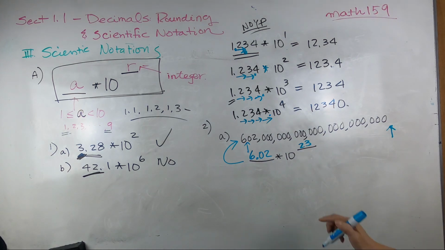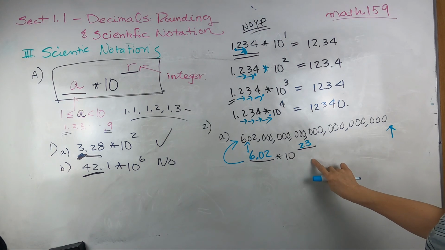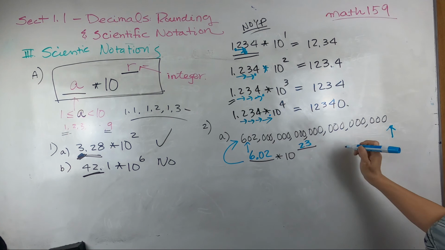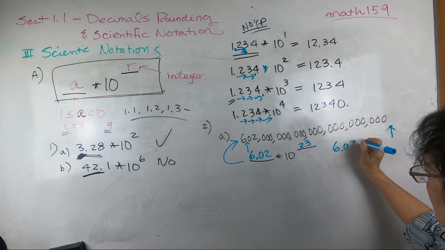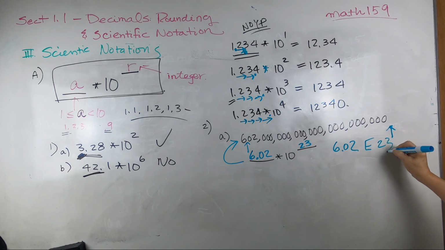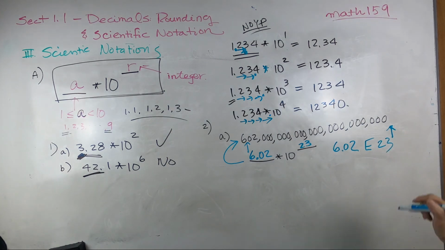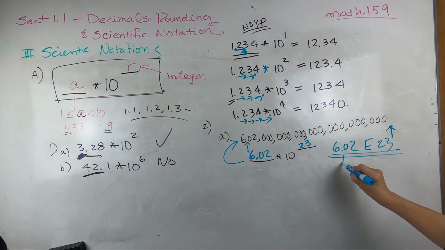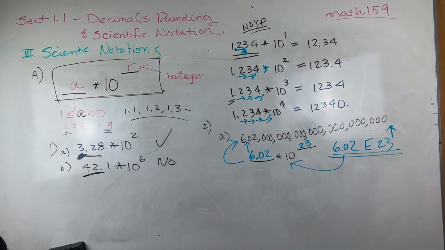Okay? So this is scientific notation. So how will the calculator show you? It will show you this way, 6.02, then you will see the E and 23. So if you see 6.02 E23, it means this guy. Scientific notation.